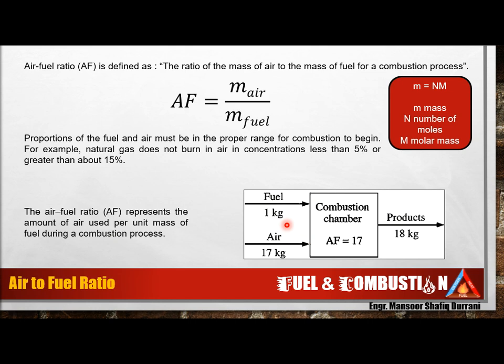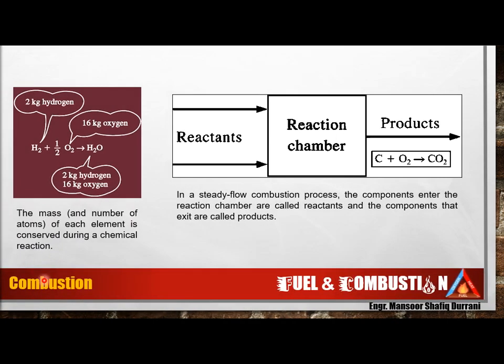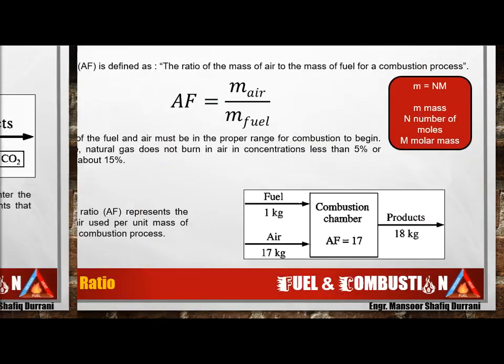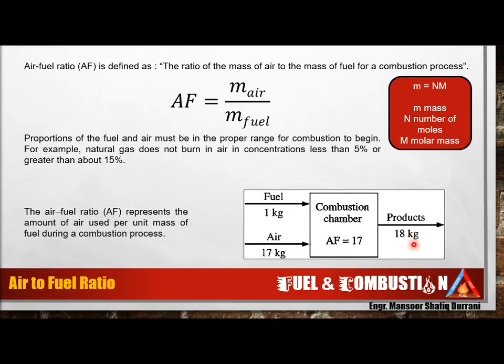Fuel 1 kg and air 17 kg enter the combustion chamber, and the products are 18 kg, 17 plus 1. As we have previously discussed, the mass of each element is conserved, meaning mass remains the same. The mass of reactants in is equal to the mass of products out. So this is air to fuel ratio.